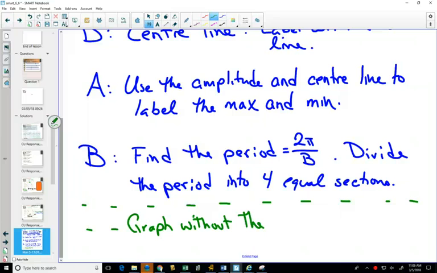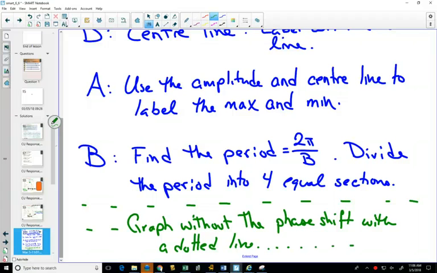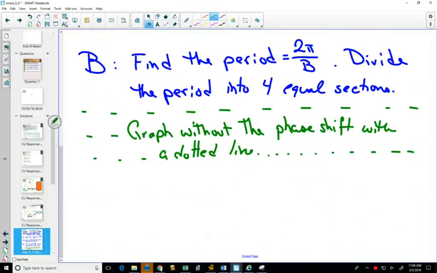The next thing you're going to do is graph it without the phase shift. So I have a bunch of dotted lines here. We're going to graph it without a phase shift with a dotted line, because it will help us see how to graph it in the end.